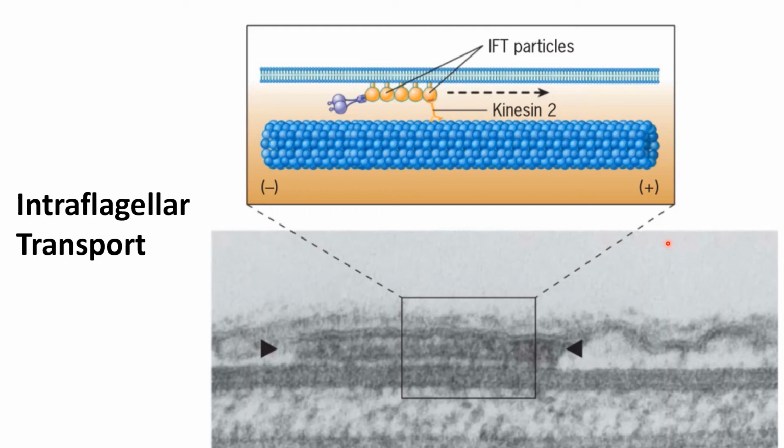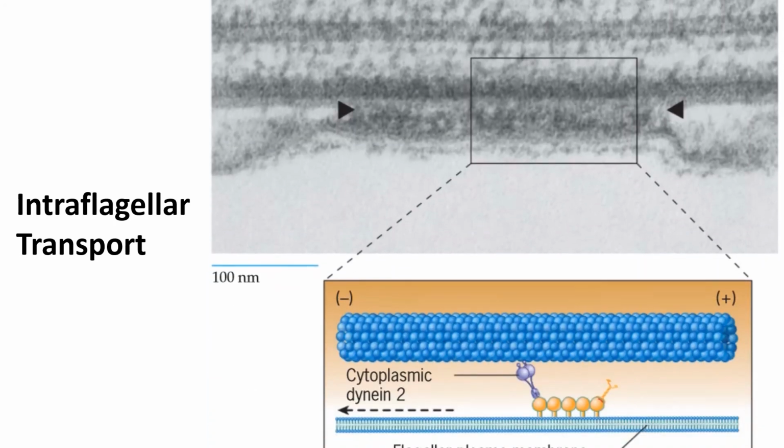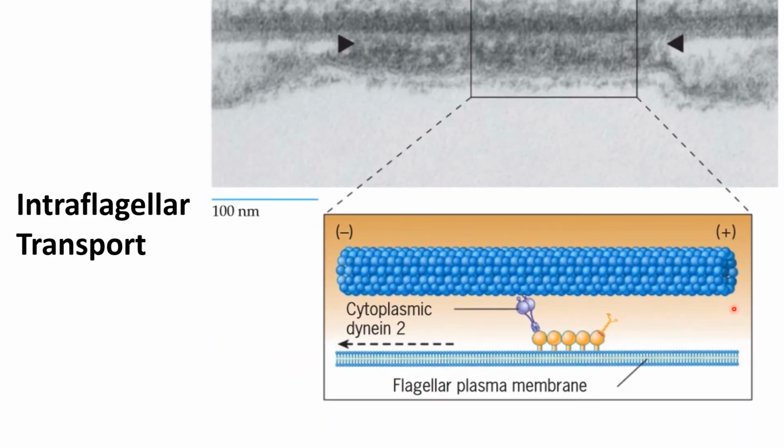This could happen because new materials need to be added at the positive tip so that the microtubule can grow in length, and so that the flagellum or the cilium can also grow in length. And the opposite, wherein the transport is towards the cell, towards the negative end, it's the dynein motor proteins that carry the intraflagellar vesicles.